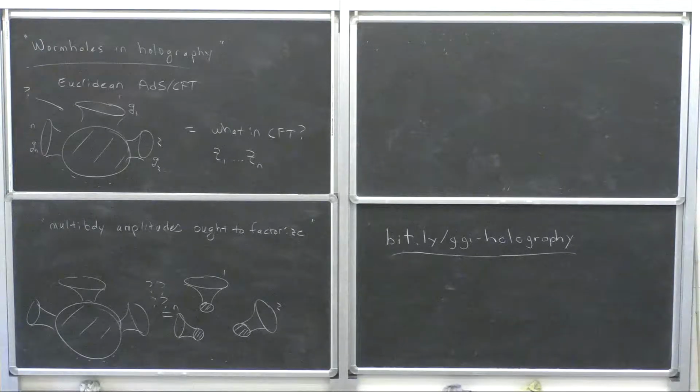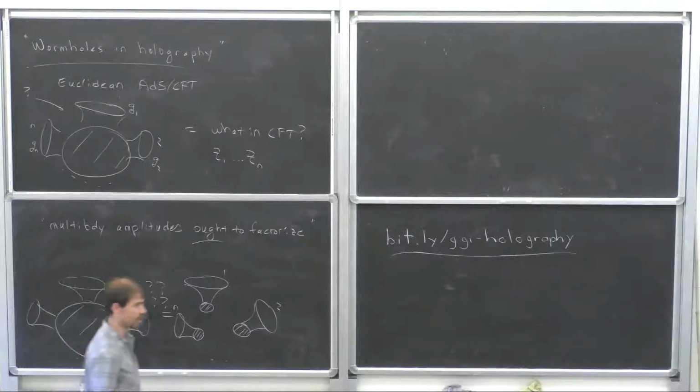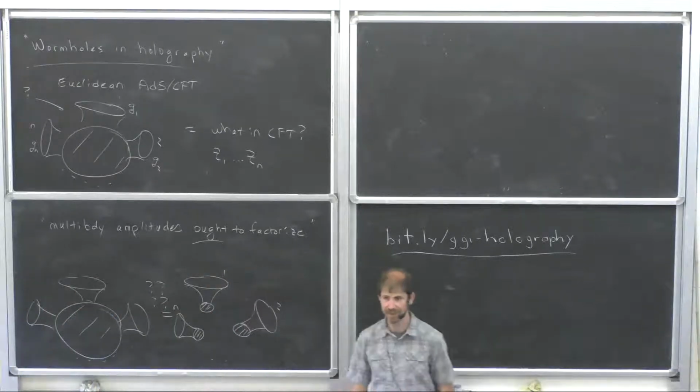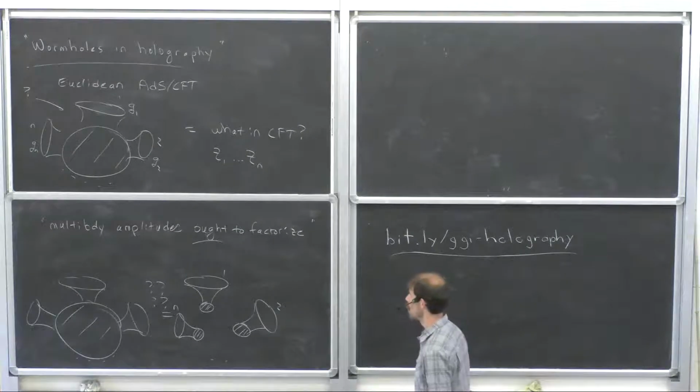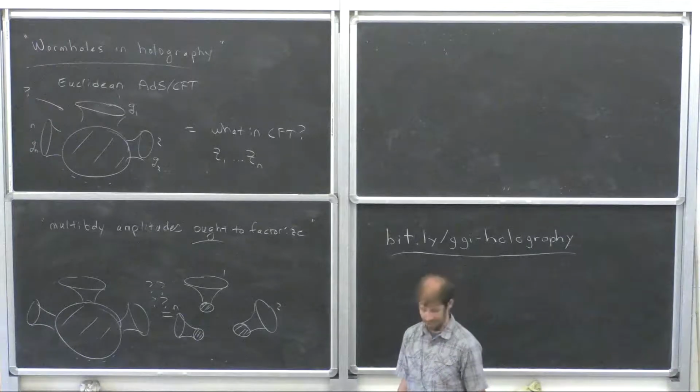What's the right dictionary for multi-boundary amplitudes? We don't know. And do they factorize or not? To properly address this question in the bulk, we need some non-perturbative definition of bulk string theory, which is presently lacking. And to some degree, it's an element of the dictionary, which we've got to figure out.